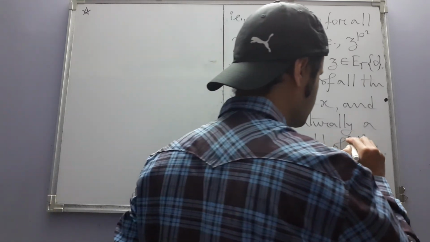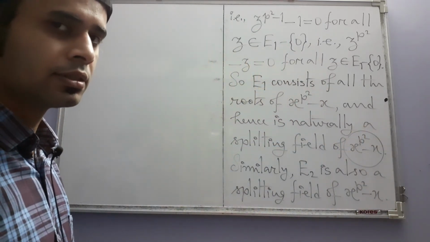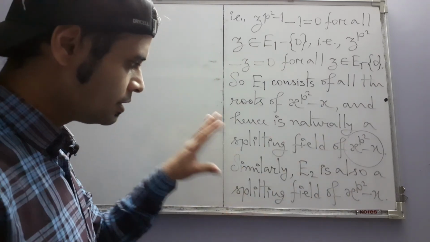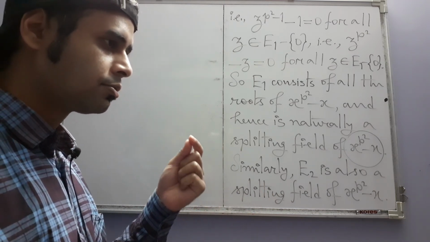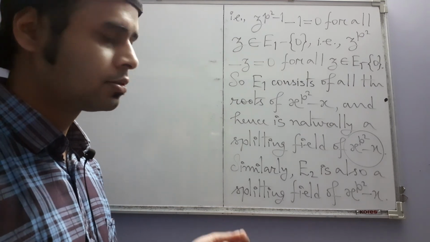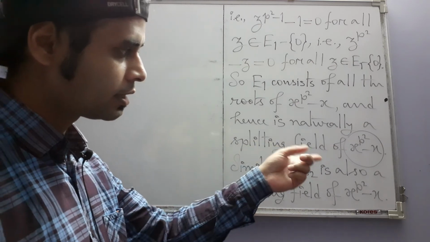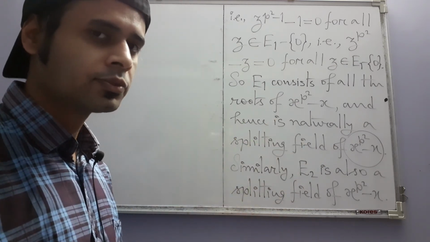There I saw this polynomial, and then I realized that okay, yes, this is the thing. In fact, this technique is used to show that two finite fields having the same number of elements are isomorphic. It's in the proof of that result that I found this polynomial, and from that proof only I got this idea. So it worked here.